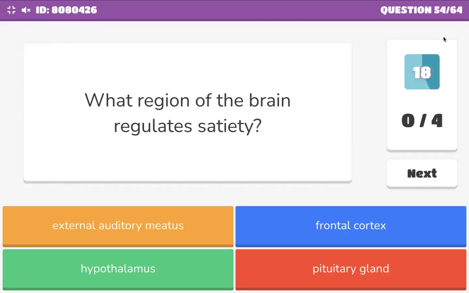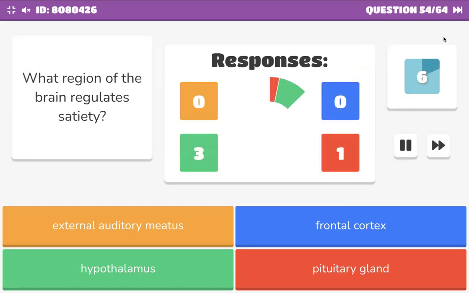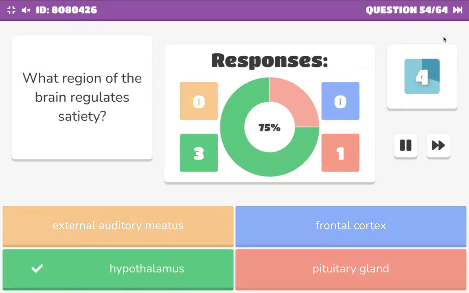Which region of the brain regulates satiety? The hypothalamus.